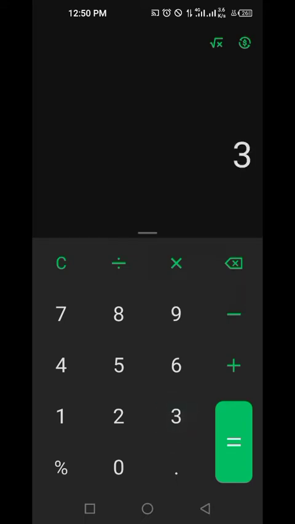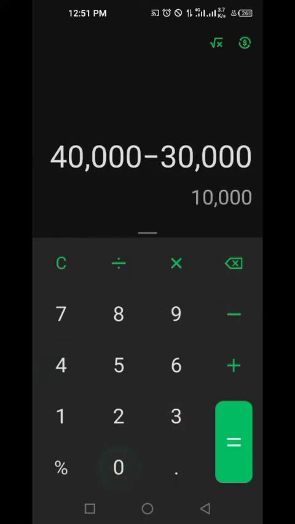So when you buy Bitcoin for $30,000 and Bitcoin moves to $40,000, that is $40,000 minus $30,000. You have $10,000 profit.